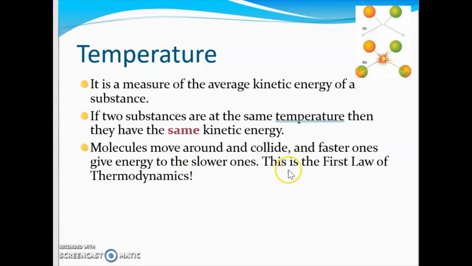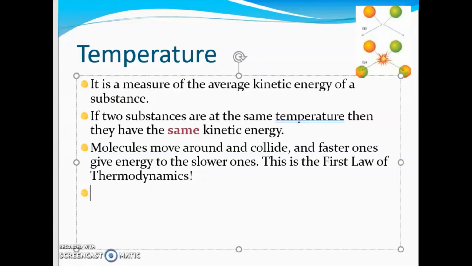Molecules are going to move around and collide, and faster moving molecules, when they collide, will give energy to slower moving molecules. This is the basis of the first law of thermodynamics. Really, the first law of thermodynamics is that heat cannot be created, or energy is not created or destroyed.